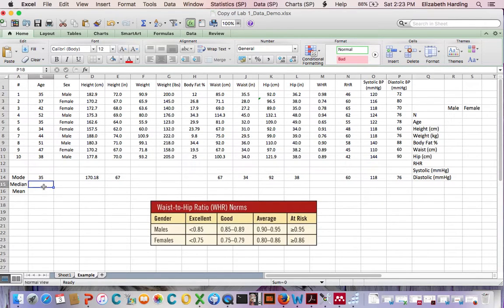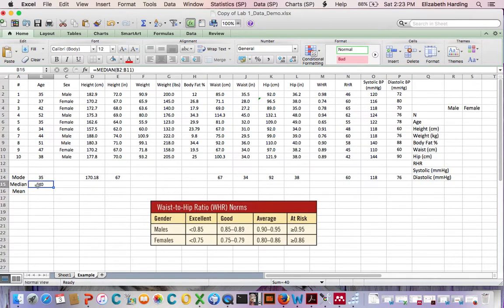So the median is the middle score. So this is going to tell you that 50% of your data or your population falls to the left of that point and 50% falls to the right. And so to find that in Excel, we're just going to hit equals median, parenthesis, and we're going to select our data, close a parenthesis, and there we go.